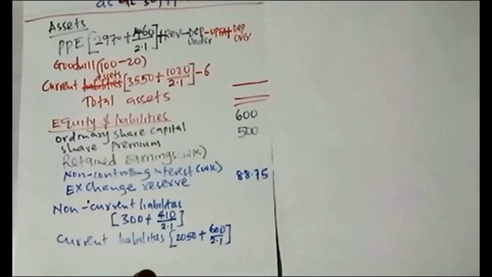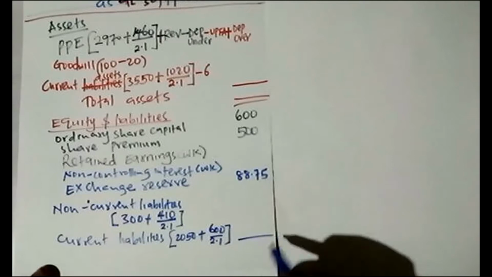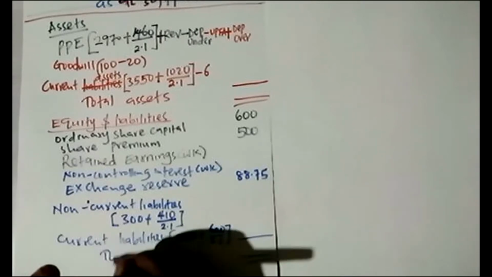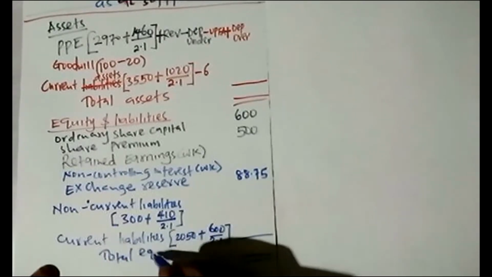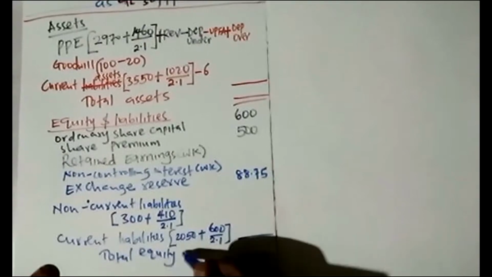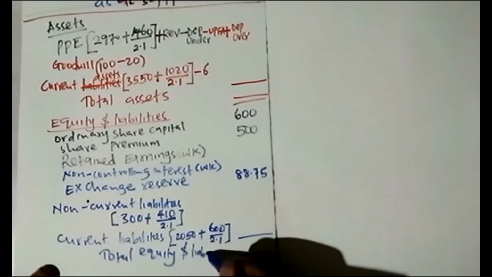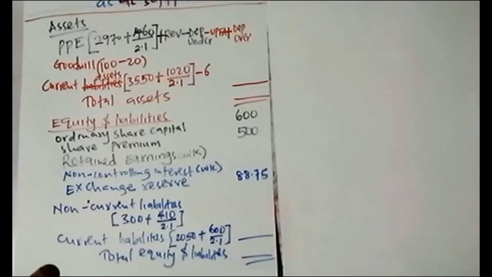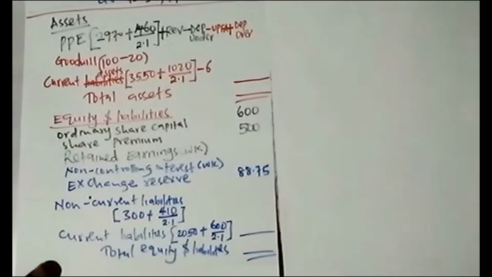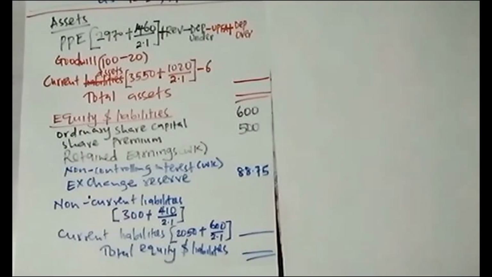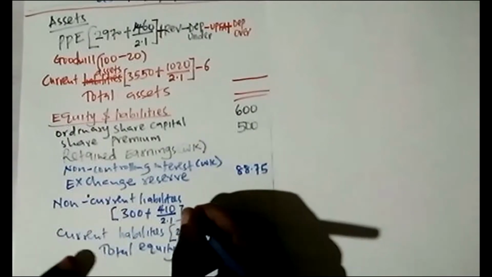There were no other items to adjust there. So that I say here, total equity and liabilities. The only thing I have to subtract here, without forgetting, under the non-current liabilities is the 50.